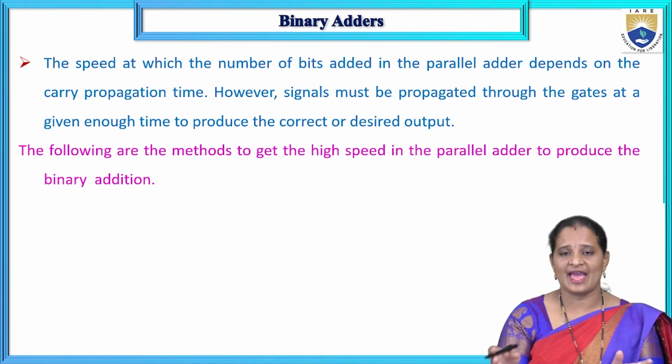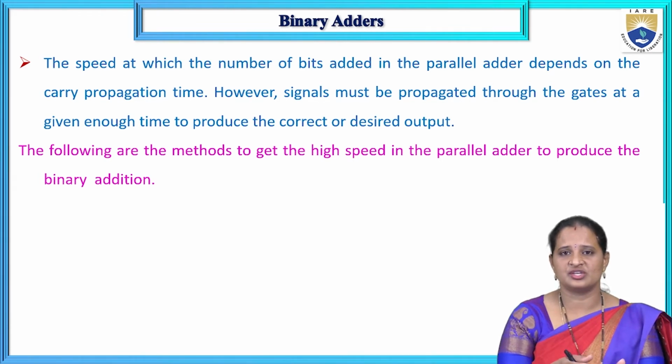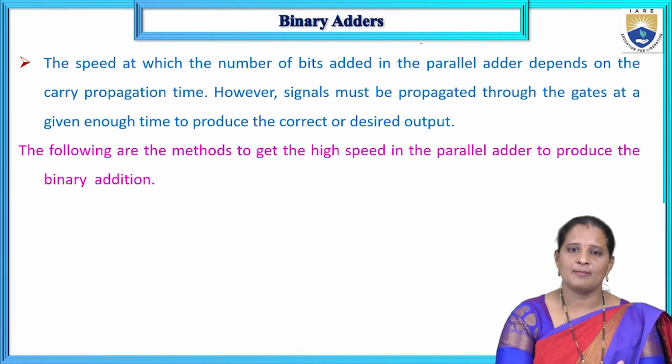That is due to the cascading of a number of full adders. As the number of full adders, or the number of bits to be added, increases, the delay of carry propagation from one section to the other also increases. That is the major limitation that we can observe in a parallel binary adder.